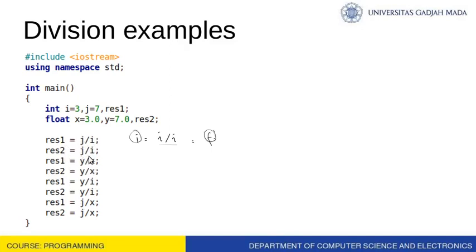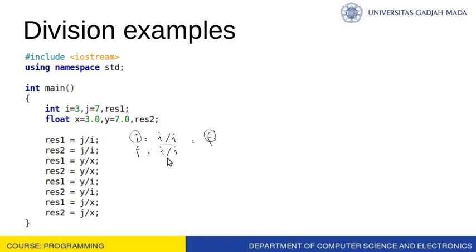And the second one, if you have integer divided by integer and you put the result in a float, then nothing will happen.